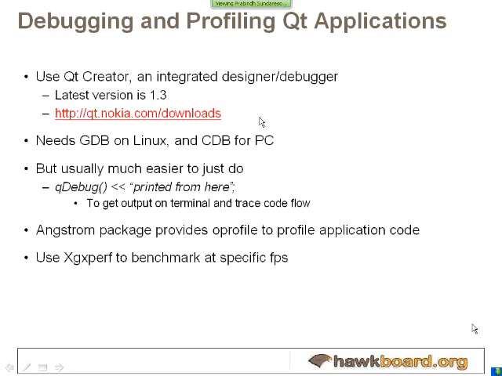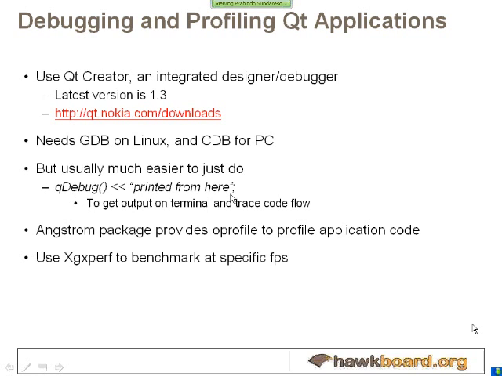For debugging and development, Qt provides its own integrated IDE. You can download that off Qt's website. For debugging on Linux and PC, you need different native components, like GDB on Linux and CDB on PC. But it is now easier to just use qDebug.